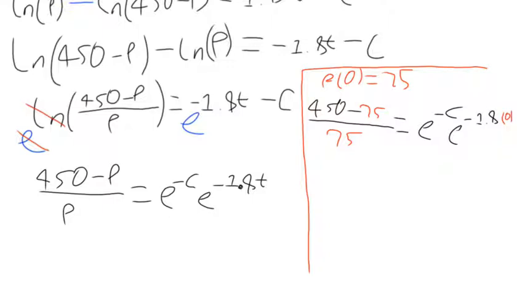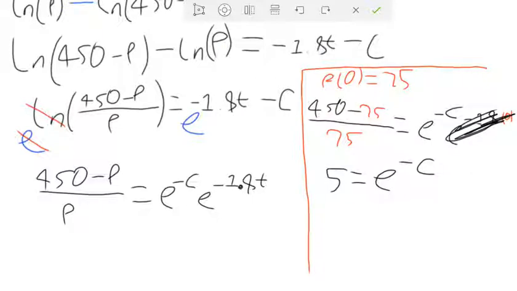Alright, then just simplify some things. This right here is going to give me 5, and then this right here is going to give me 1, so multiplying by 1 doesn't change anything. You can just cross that out, and we find out that e to the negative c equals 5. So I will substitute that right here.